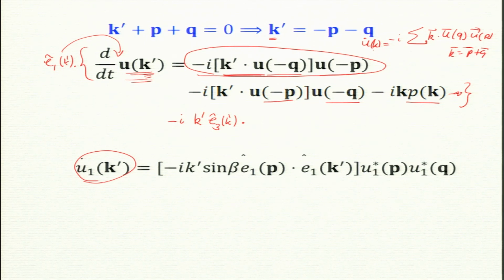It is 0, because I know E2 is perpendicular. So that is a simplification. When I choose this triad, it goes to 0. Before getting into algebra, I am going to write this as u star of q vector, u star of p vector. Please allow me this, I set the reality condition, so this is gone.